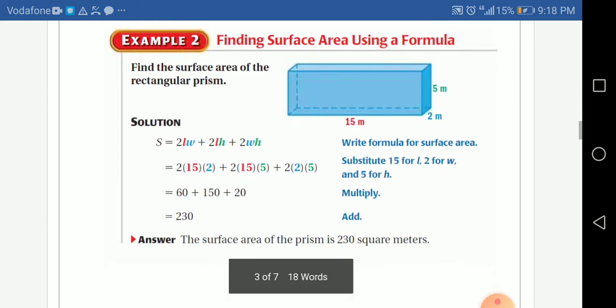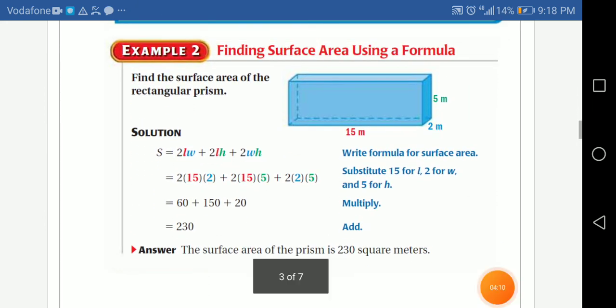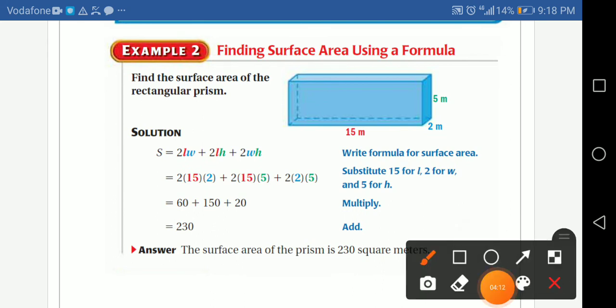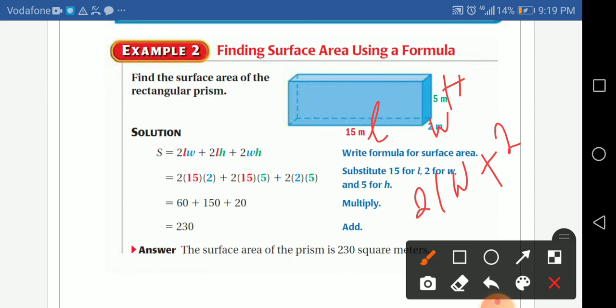So if I have a question like this, finding the surface area using the formula, find the surface area of the rectangular prism. We got the length, the width, and the height H. So 2LW plus 2LH, then 2WH.